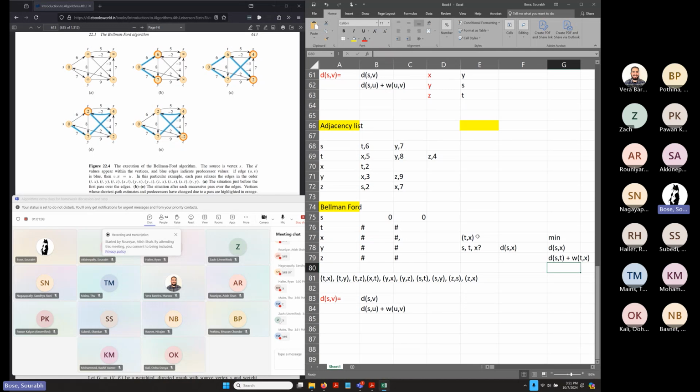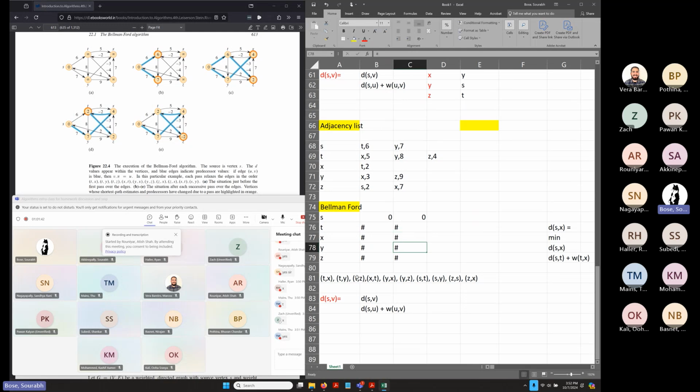So that is what we are saying. Do you guys agree S to T currently is infinity? It has not yet been updated. So it is offering infinity plus 5. So it is still offering infinity and it remains infinity.